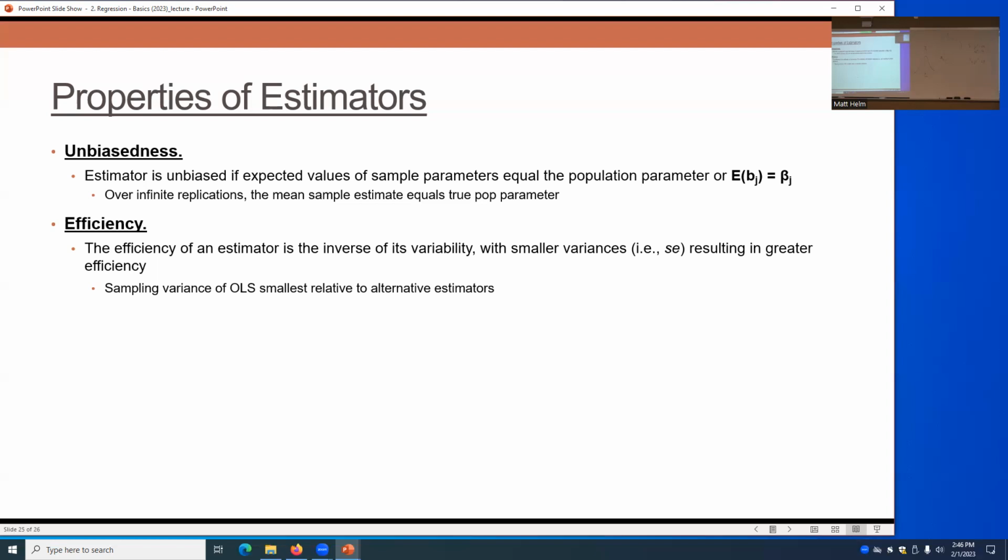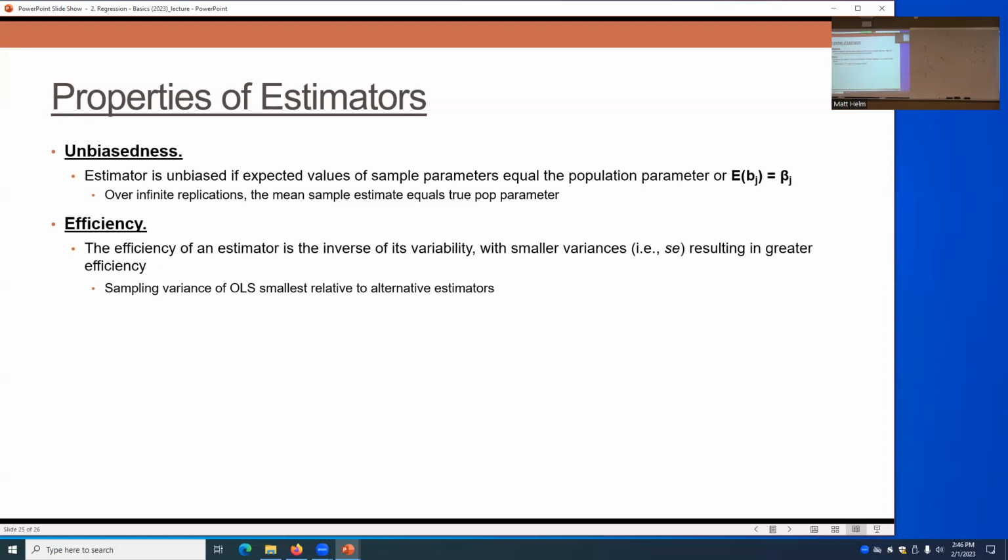When we talked about before, if I just take my sample and I run my regression and I look at my coefficient, I know my coefficient is unbiased. I know that across an infinite number of all possible replications, the average of this value that I've got will equal the actual population parameter.